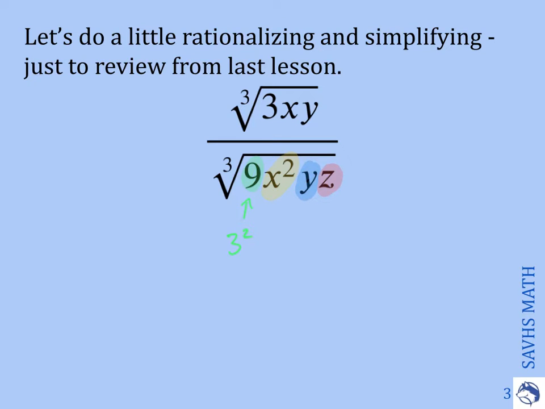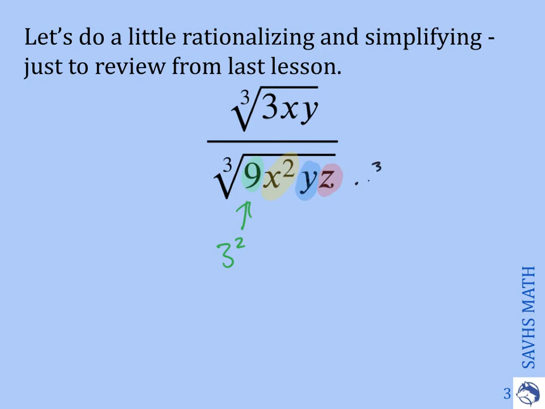Ooh, that's a horrible color. So hold on, let me make that a little darker. Okay, so let's do it like this. 3 squared. What are we missing to make a perfect cube? We need another 3. So we have to multiply by the cube root of some stuff. I don't know what it is yet, but I do know one part.